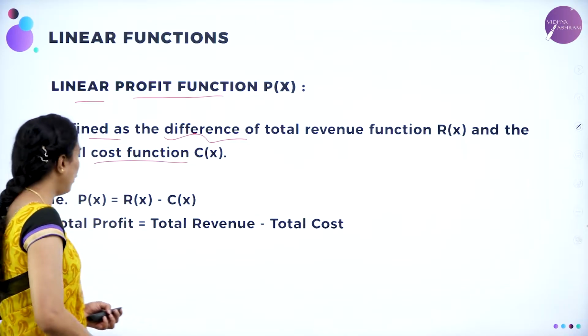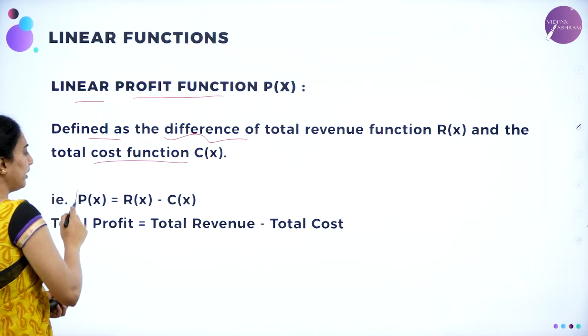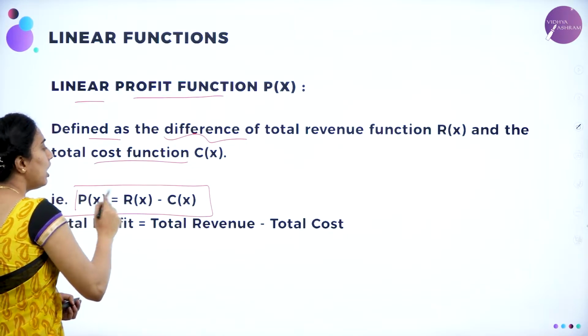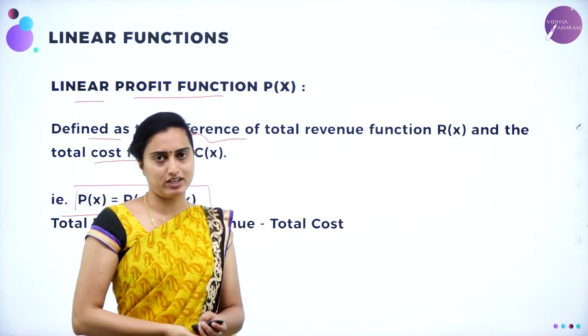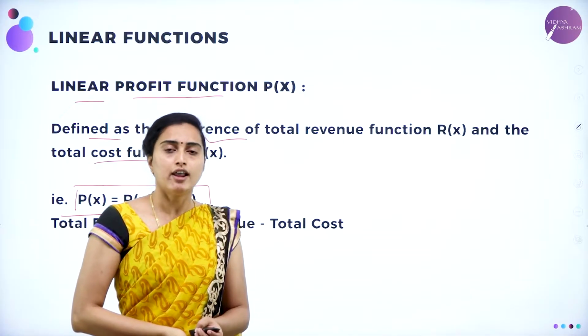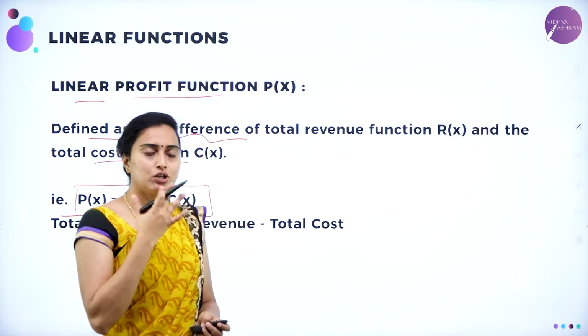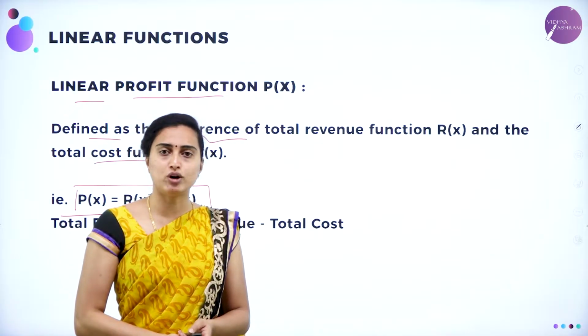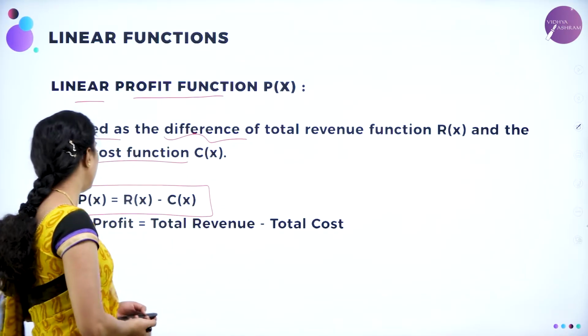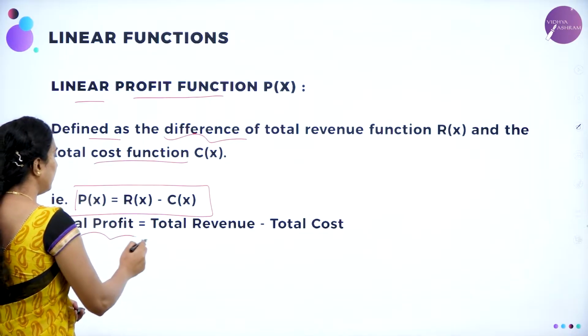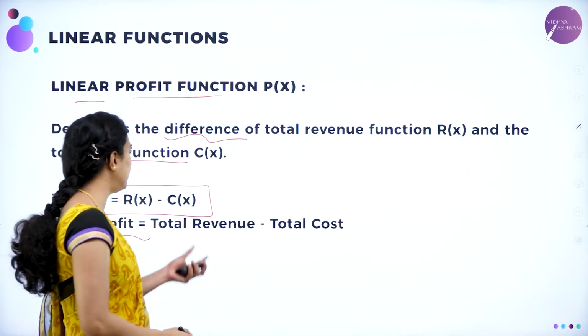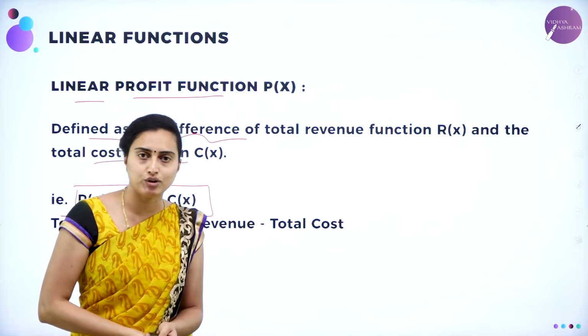We are going to define profit as P of X is equal to R of X minus C of X. Then what is a loss? Loss is nothing but C of X minus R of X. These are all the formulas you need to remember to solve the problems, dears. Now here we are going to write it in word format. Total profit is equal to total revenue minus total cost.